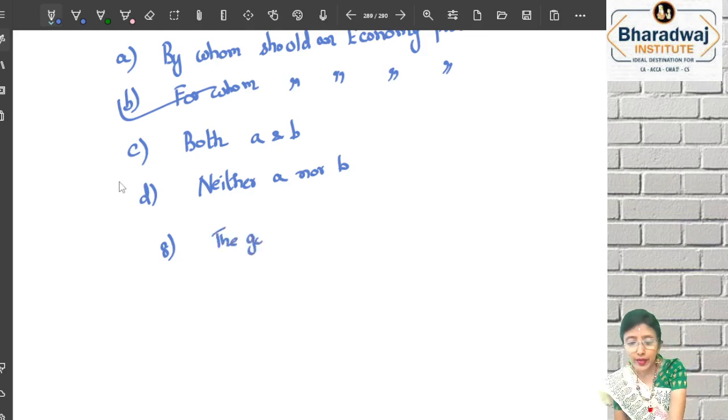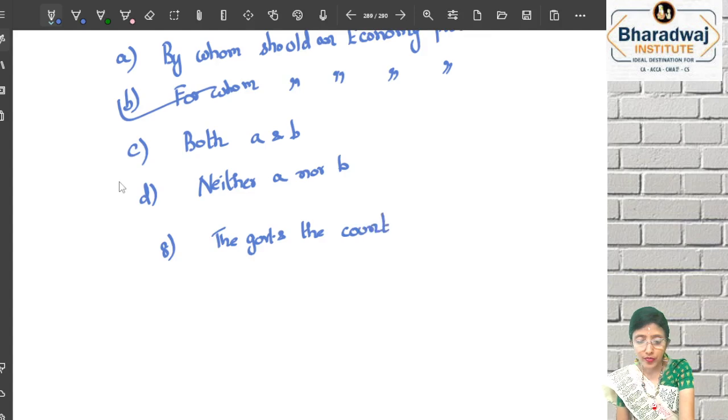The government and the country's central bank. See how they are wording it, adding some extra words to make you deviate a bit from the main point.